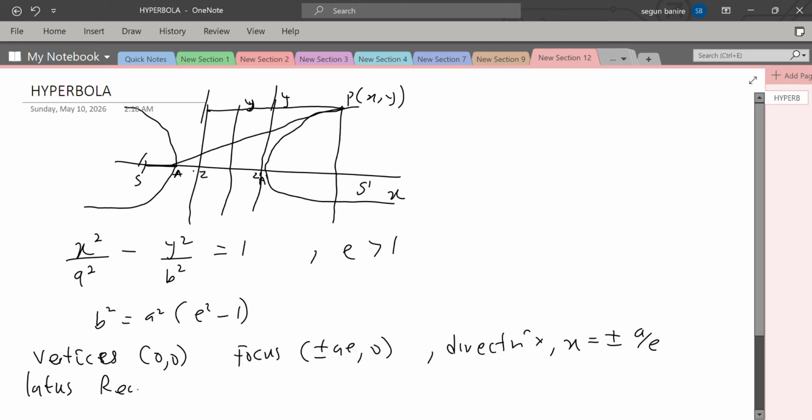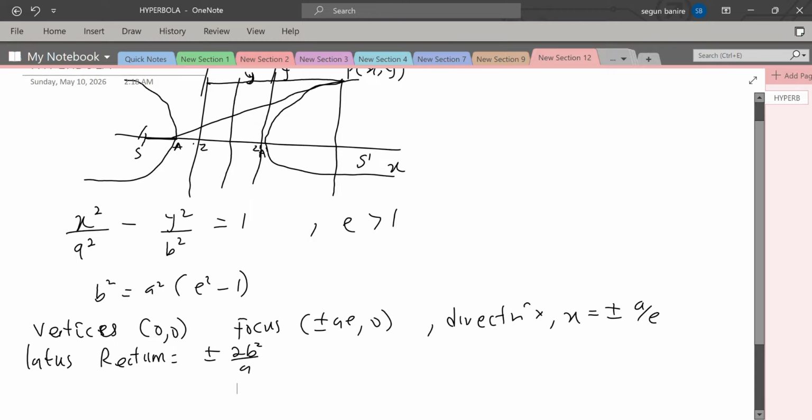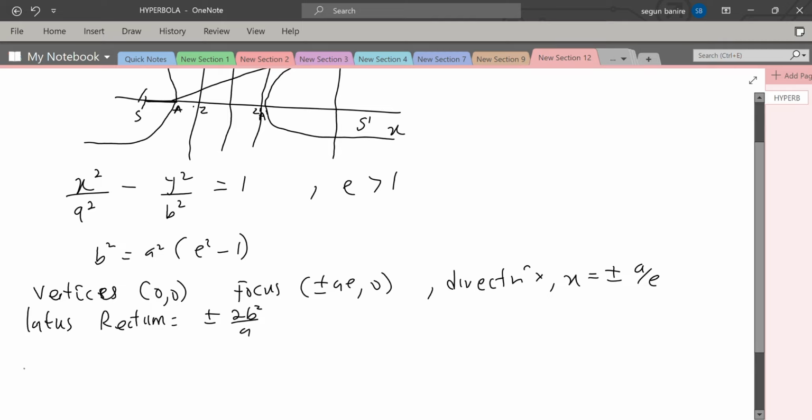Your latus rectum is still plus or minus 2b squared over a. But there's one thing here we call the asymptote. So this one has an asymptote. The asymptote is b over a.